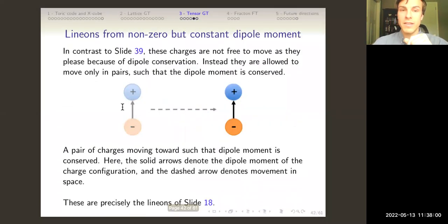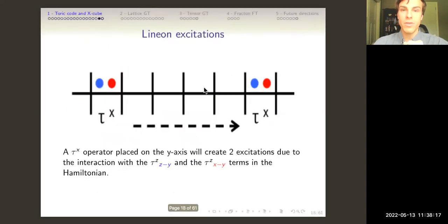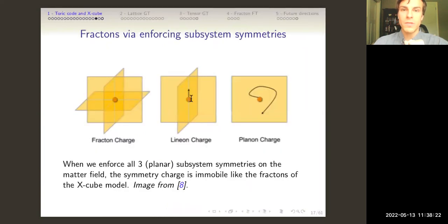So for instance, if at some time t equals 0 we have a non-zero dipole moment, at some time t equals delta t we still have to have the same dipole moment, so an arrow pointing in the same direction. This is just like the lineons that we saw before, where two subsystem symmetries are respected.